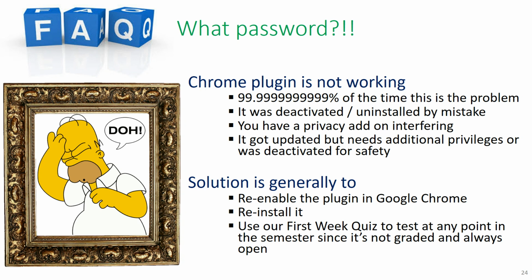Just go into Google Chrome, go into your plugins settings, make sure that Honorlock is there and that it's enabled, because sometimes some privacy add-ons are going to see Honorlock and try to shoot it dead, because Honorlock is not really about privacy respect. So they are going to disable Honorlock. Just make sure you re-enable it before you take a quiz or an exam.